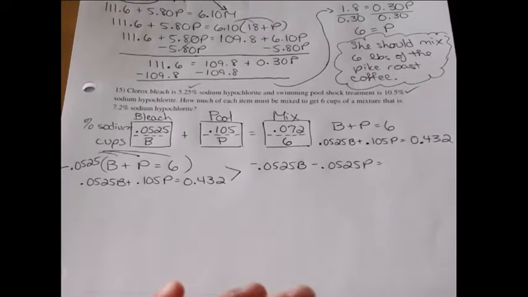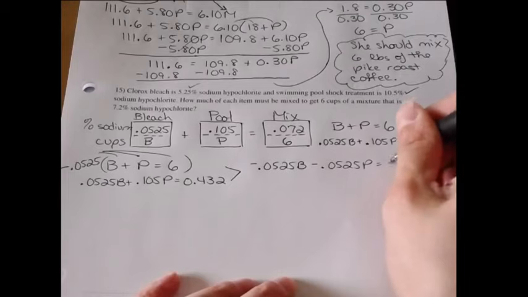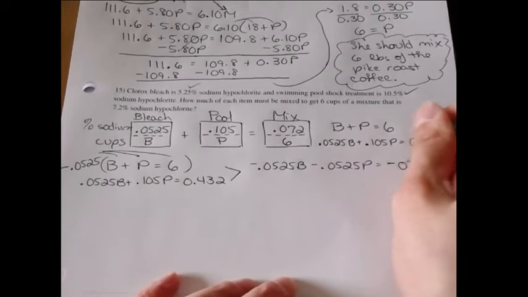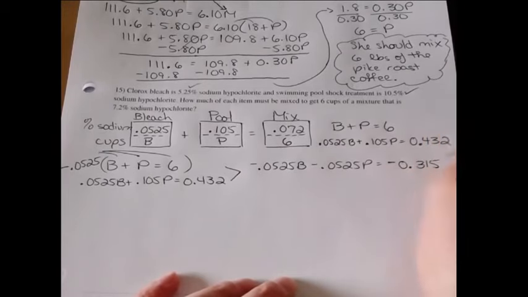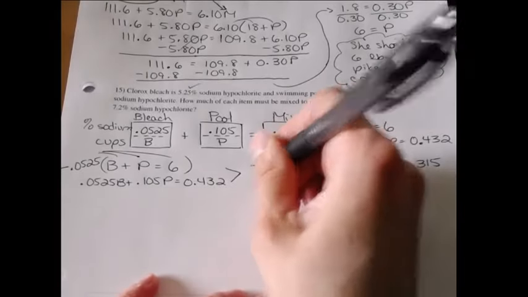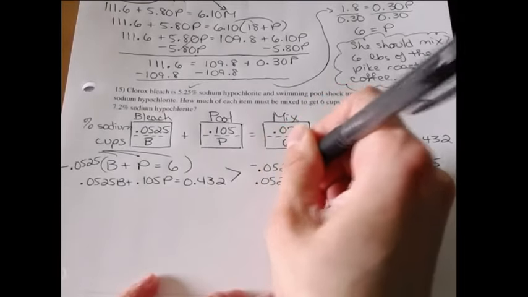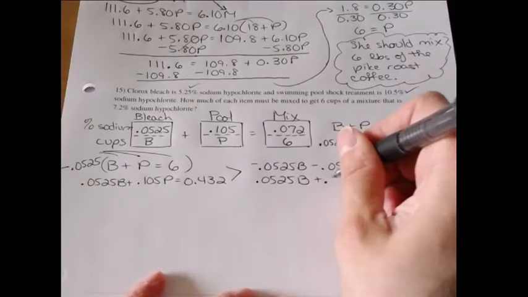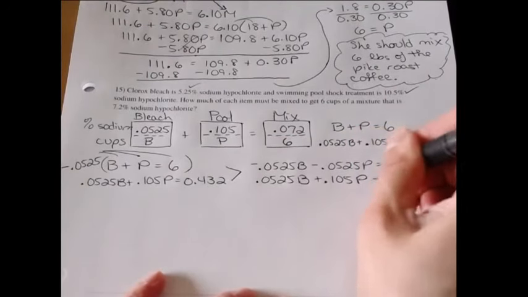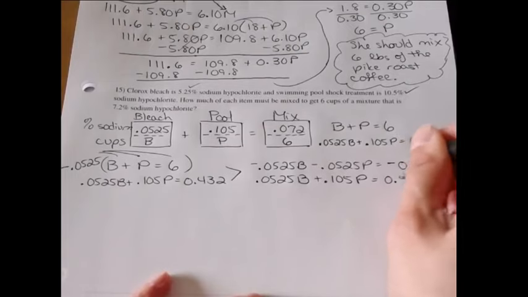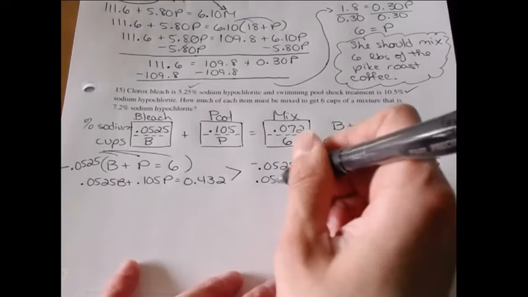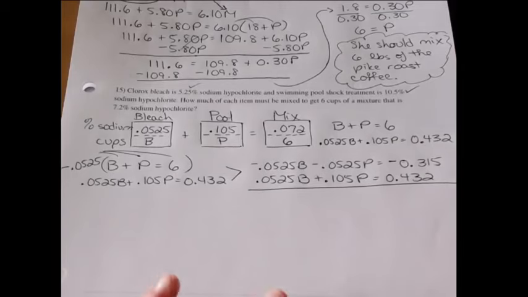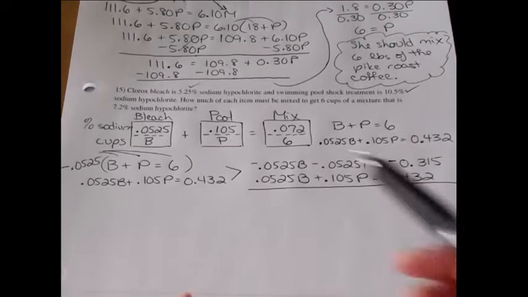That'll give us negative 0.315. I don't know if you noticed, but as I write this down, I'm going kind of slowly in terms of transferring it because I want to make sure that I don't lose any of these decimal values. So we want to be really careful that we don't accidentally write something wrong.